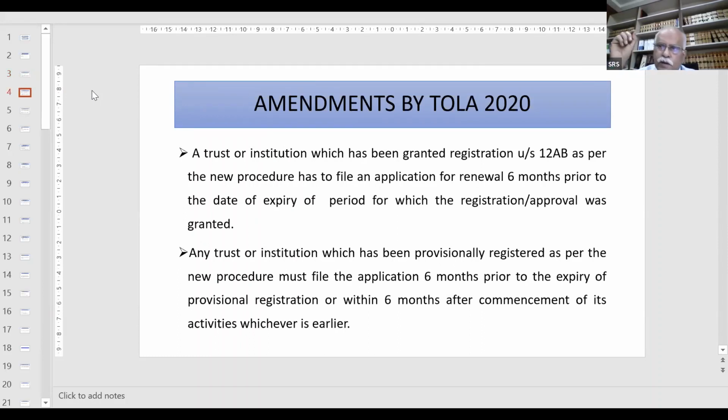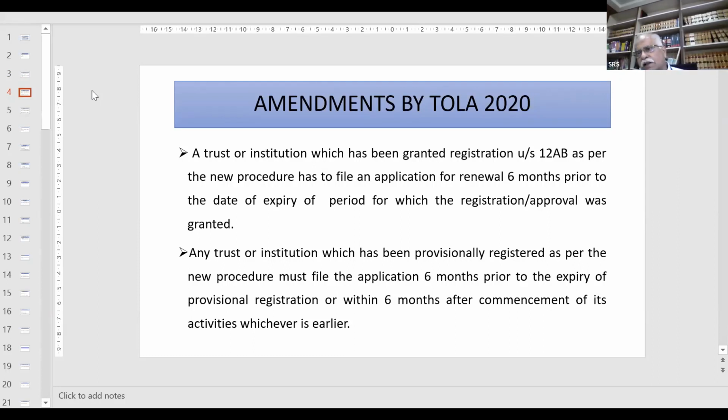Now, if you are a trust which has been granted a registration under the new procedure given in section 12AB, which may include a trust whose existing registration has been renewed, and the period of registration is going to expire, then you have to make another application for renewal.